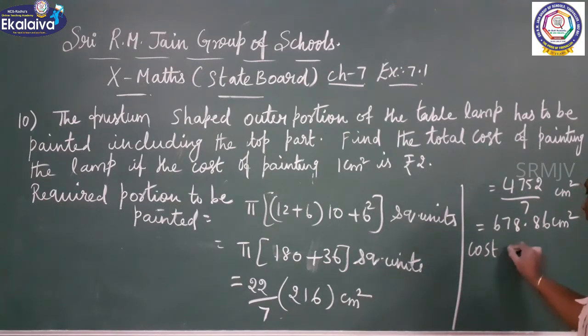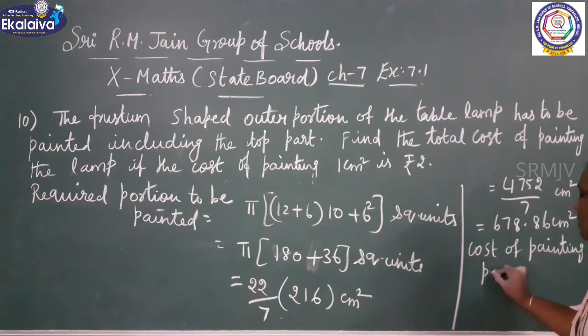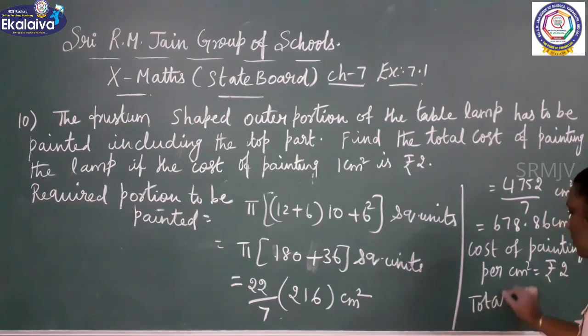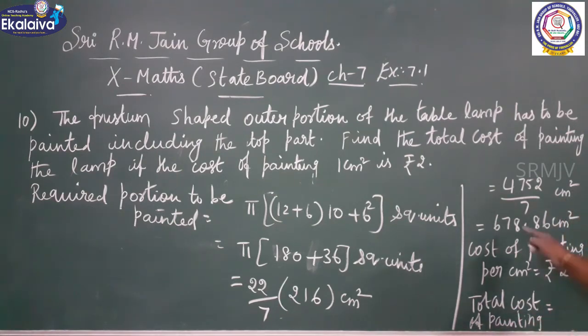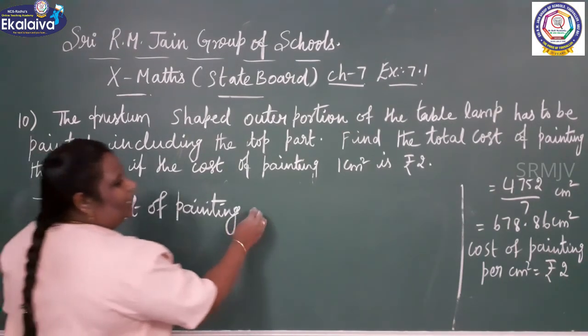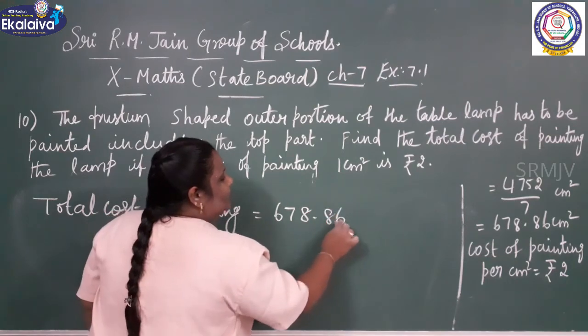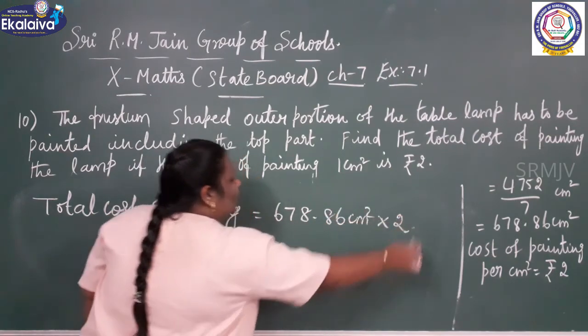Therefore, total cost of painting equal to 678.86 centimeter square into rupees 2.